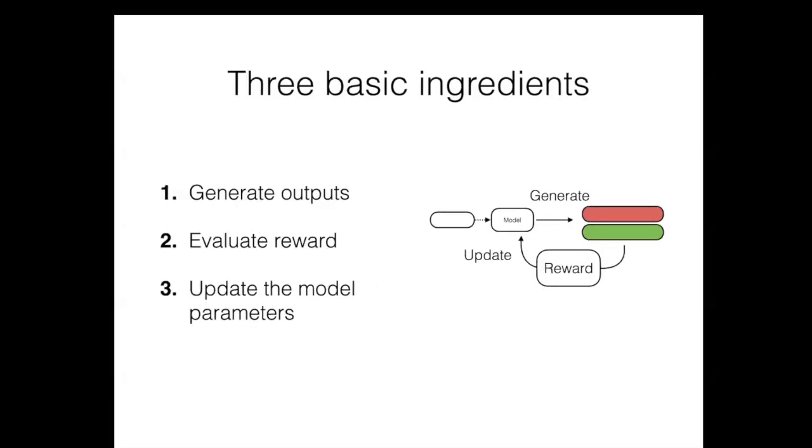Okay, so really at its core, what we're going to be talking about today is fairly simple. So we have this simple loop where we have our language model, we generate some outputs with it, then we compute a reward function on those outputs, and then we somehow update the model's parameters with a variation of policy gradient or the PPO loss that we saw in the previous lecture.